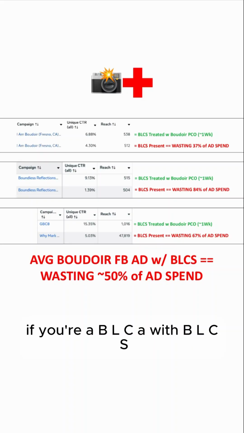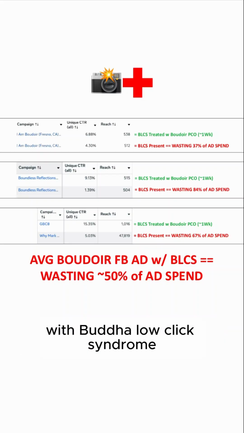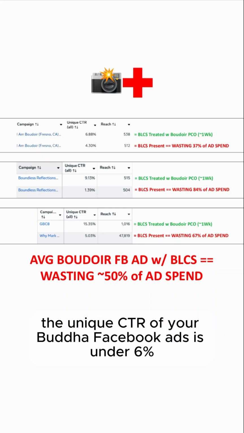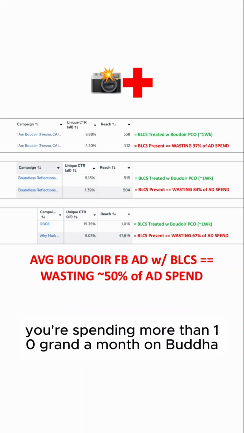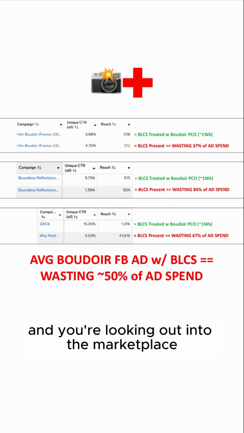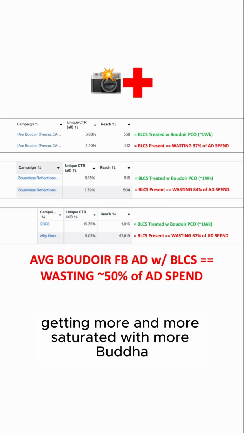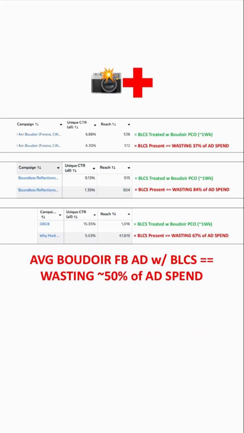All right, so if you're a BLCA with BLCS, a boudoir low click advertiser with boudoir low click syndrome, the unique CTR of your boudoir Facebook ads is under 6%, and you're spending more than 10 grand a month on boudoir Facebook ads, and you're looking out into the marketplace seeing it getting more and more saturated with more boudoir photographers every day.